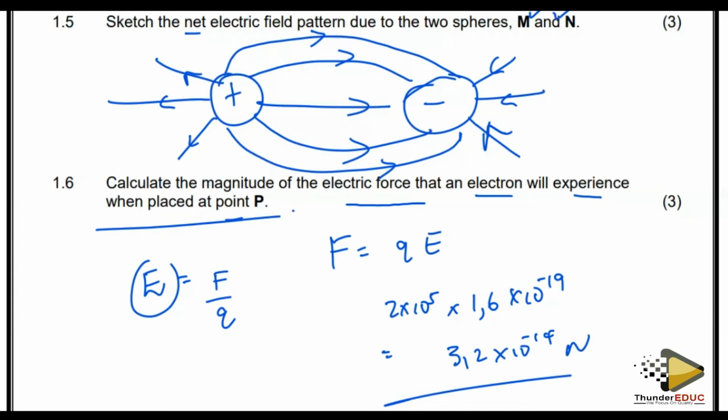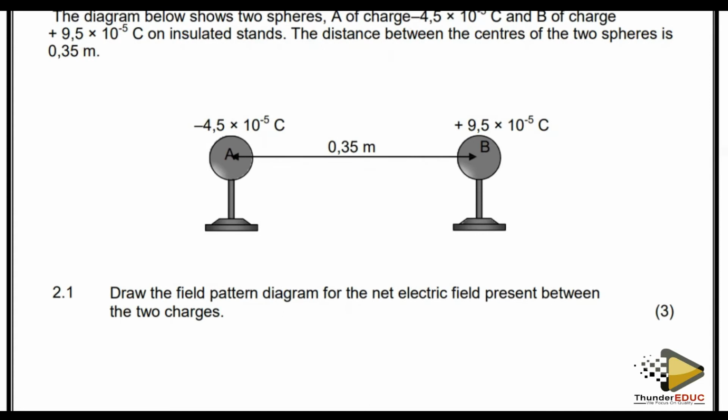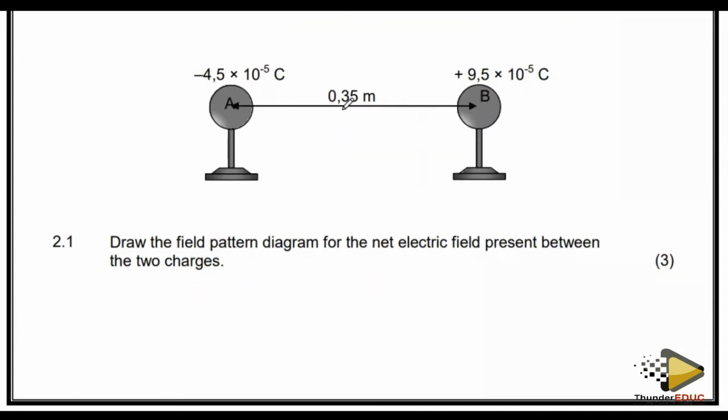Then my question number 2. They're telling me that the diagram below shows two spheres, A having that much charge and sphere B, insulated. Distance between them is that. And they want us to draw the field pattern. So a negative and a positive. You know what to do? Attraction.